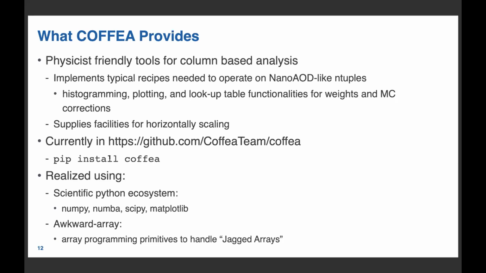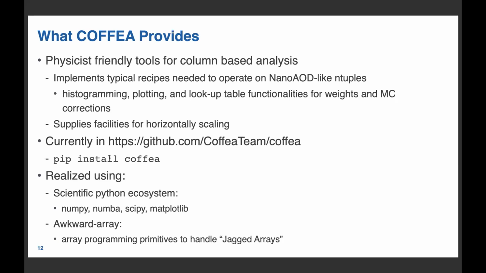So instead of having shifts and systematic variations already computed in something that is NanoAOD-like, which makes its size larger and larger, those can be computed on the fly. And Coffea provides the tools to do exactly that, to apply weights and Monte Carlo corrections while you run your analysis. And Coffea also supplies facilities for horizontal scaling.